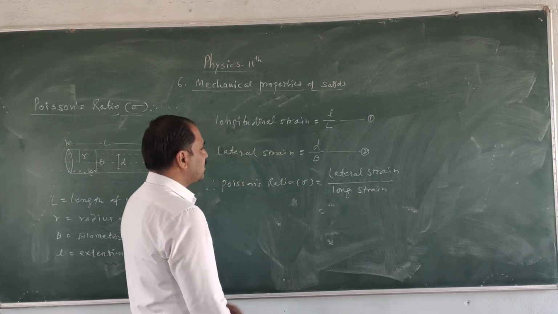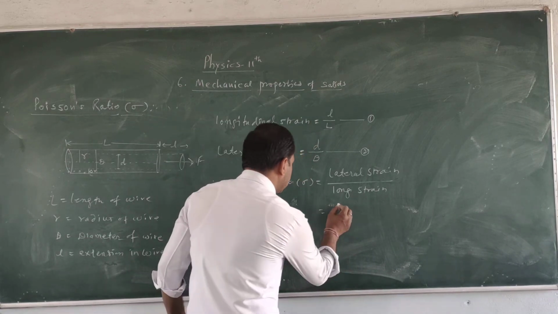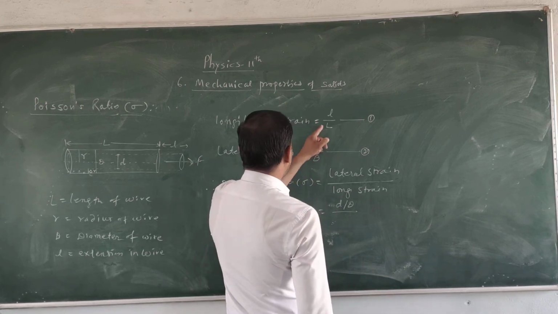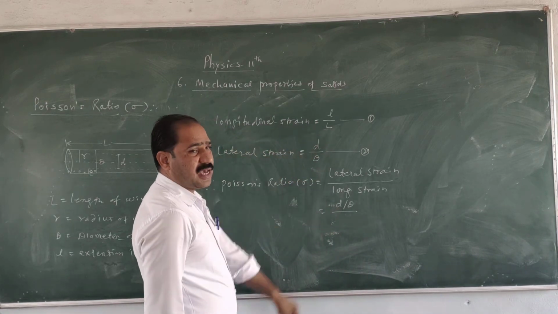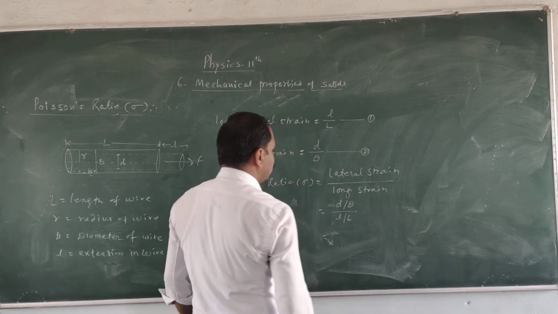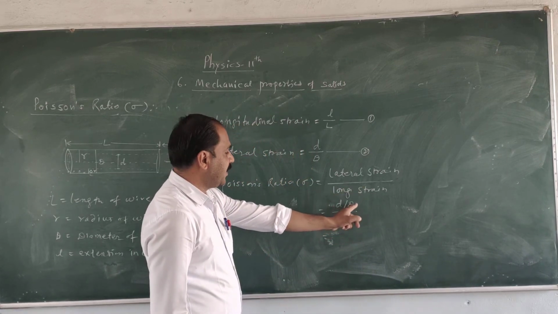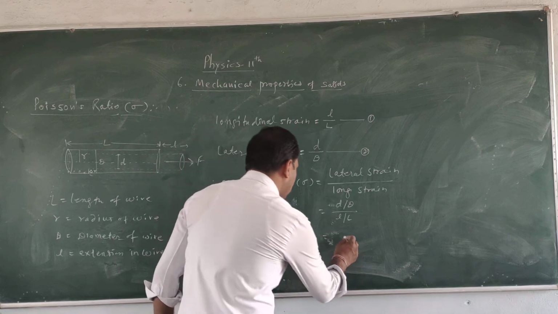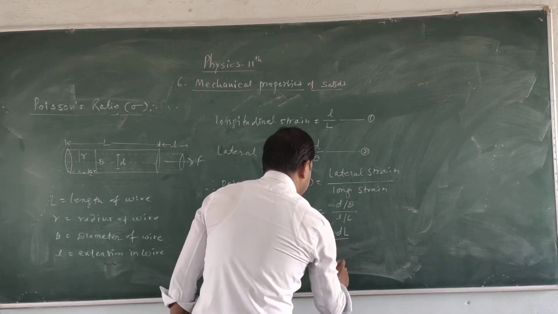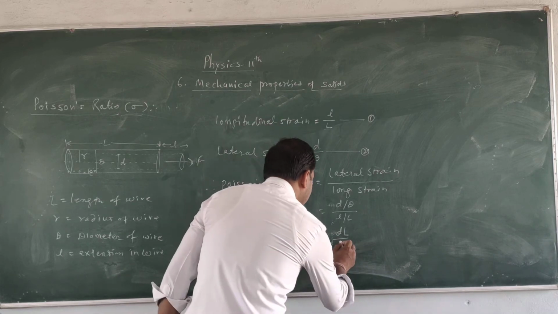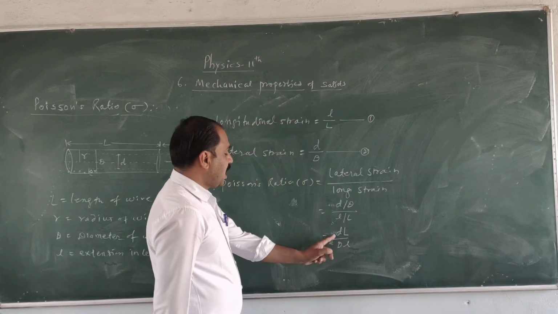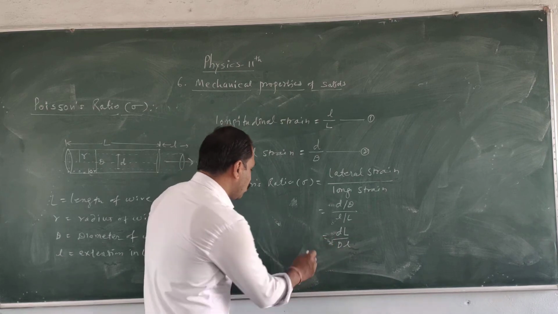Lateral strain is small d upon capital D. ये longitudinal strain small l upon capital L. So this will go to the numerator, this will go to the denominator. Therefore here small d into capital L upon small l into capital D.